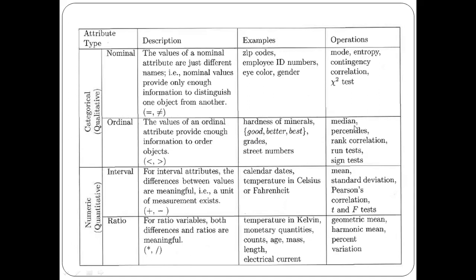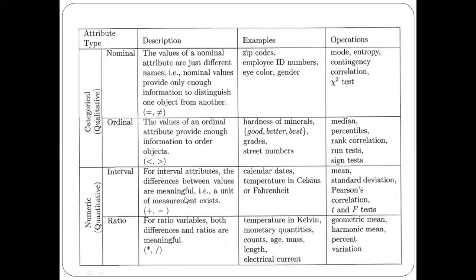And the operations which we can perform here are median, and then percentile, rank correlation, run test, and then sign test. Now coming to the third one, that is interval attributes. In case of interval attributes, the difference between the values will be meaningful here. So using the plus and minus, you can measure the difference.